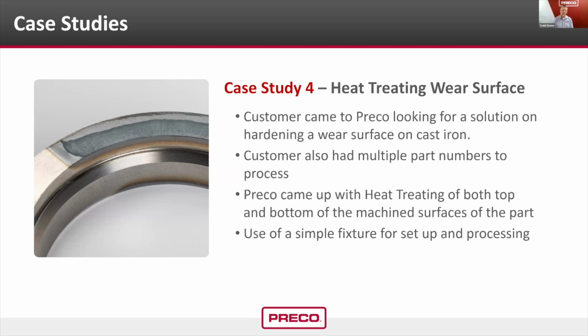And this is another example, just like the last example, that it's a very tight tolerance heat treat area. They need that wear resistance in that area because it's a contact with other components. And there's a high level of movement between the parts, and they needed a longer lifespan.